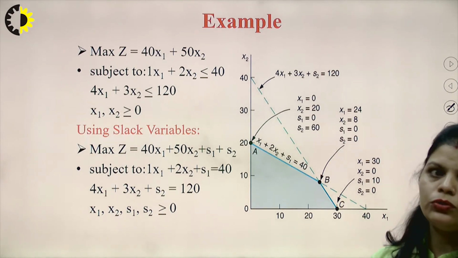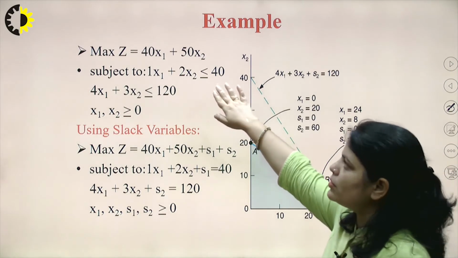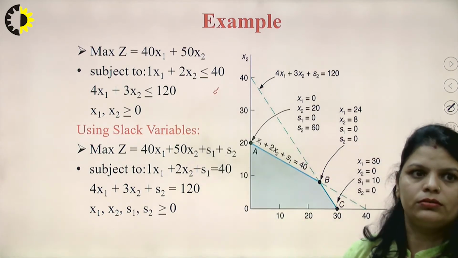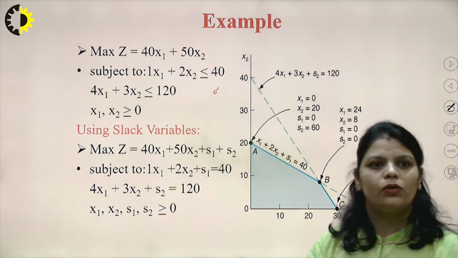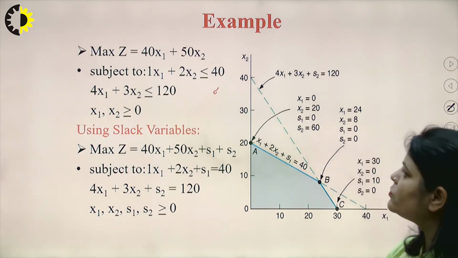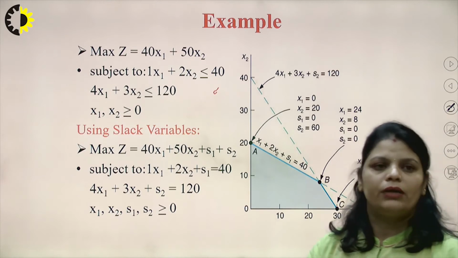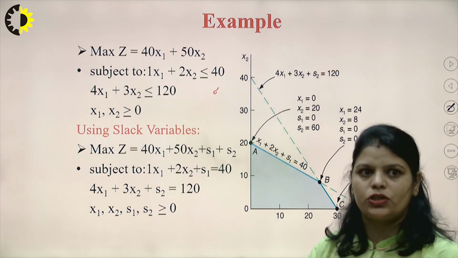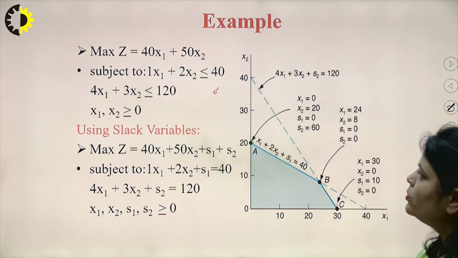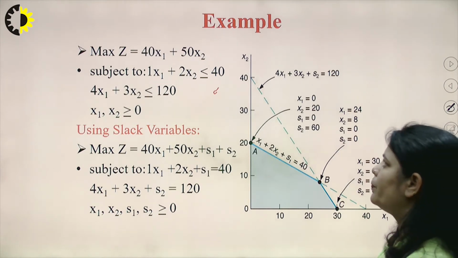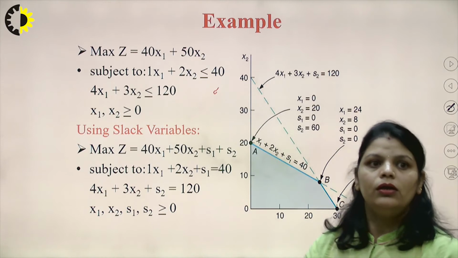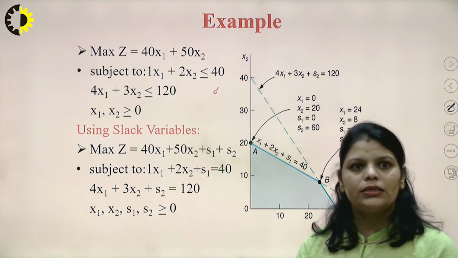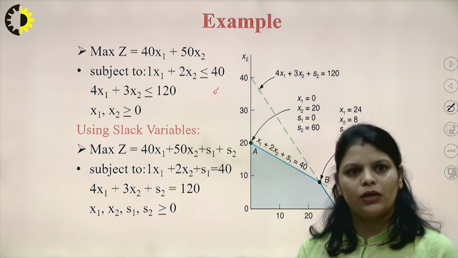So these two inequalities are showing the constraints. Clear? And as we have seen in linear programming, whatever variables we are using, we have to give the non-negativity restrictions. So x1 and x2 are greater than or equal to 0. Clear?